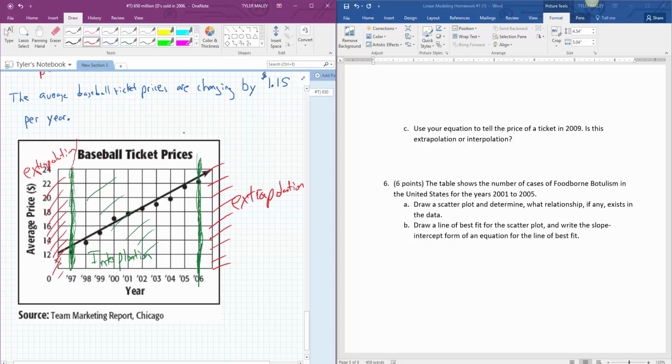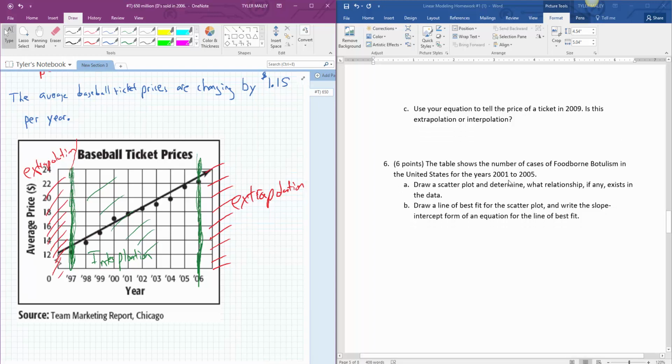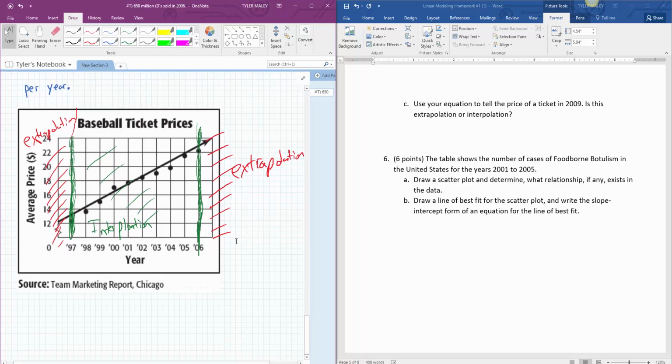So in this case, we're asked to estimate for 2009. I know that's going to be outside of my data range, because we'd have 07 and then 08, and then we're trying to find 09. What would this y value be for 09? We're going to use our linear trend line to estimate this, to find what this expected value would be. So first thing we would say is that this is an extrapolation.